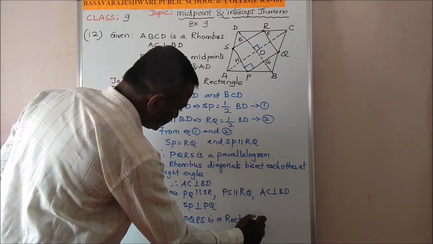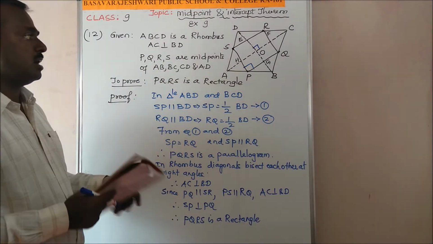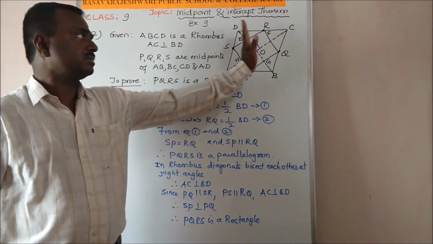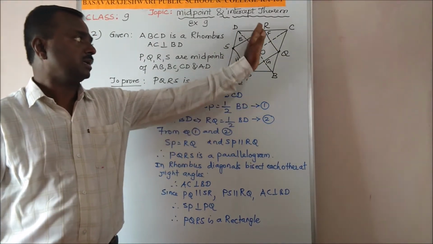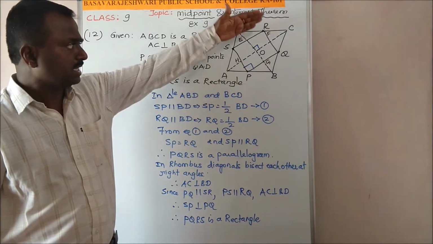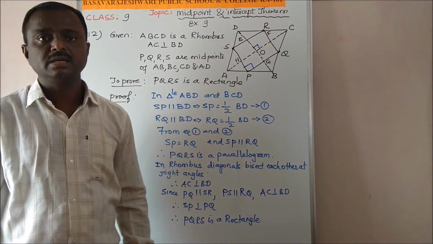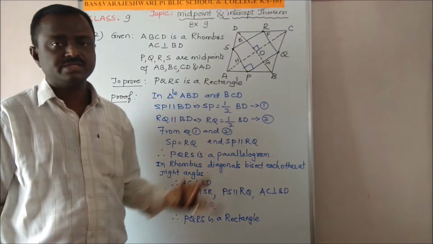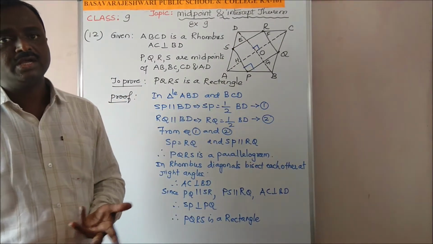SP and RQ are parallel to BD, PQ and SR are parallel to AC, and both BD and AC are perpendicular to each other.